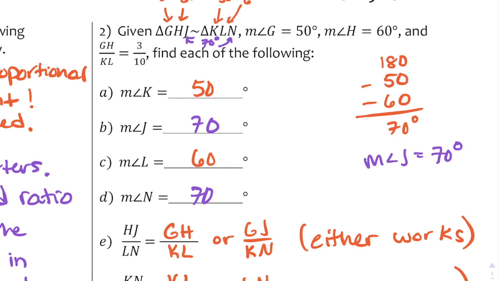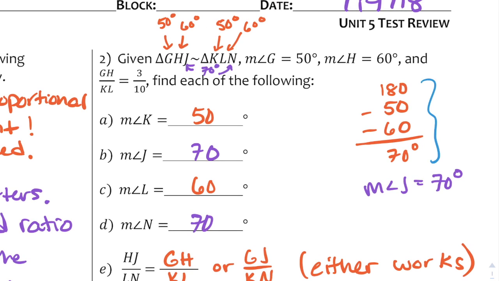Going on to number 2. Given a couple pieces of information, knowing that my angles are congruent, I'm going to fill in the missing pieces. The first thing I did was I labeled G as 50 degrees because it said so right here, but I also labeled K that because they're both congruent if they are similar triangles. H came along and that was 60, so I labeled L 60 as well because they are congruent. The last one, I had to solve for the rest. So you see my algebra here.